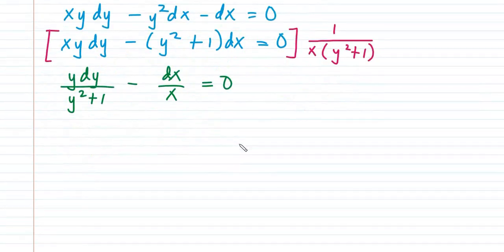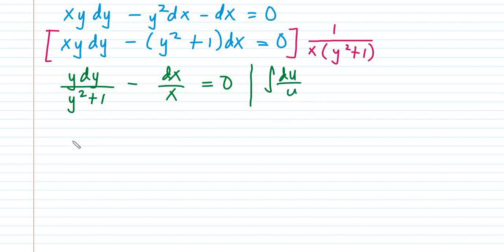What we can see here is we can integrate them using the integration formula du over u. For the first term, the u is y squared plus 1, and the differential of that is 2y dy.